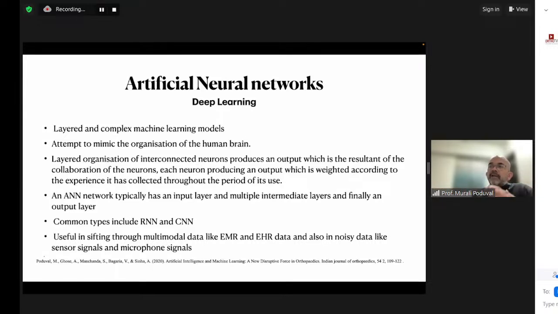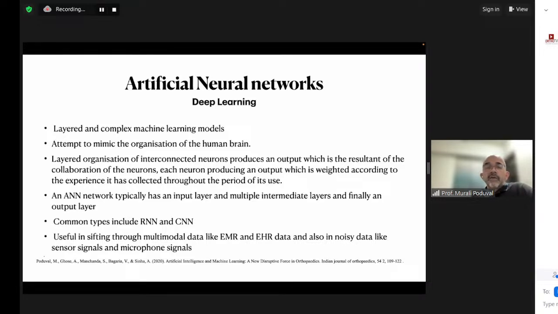Say the weight is 0 or 1. If the weight is 1, it proceeds to the next layer. If the weight is 0, it does not proceed to the next layer. So simple yes or no questions could also power an artificial neural network. So typically the ANN has an input layer, and then in between there will be multiple intermediate layers, and finally an output layer.